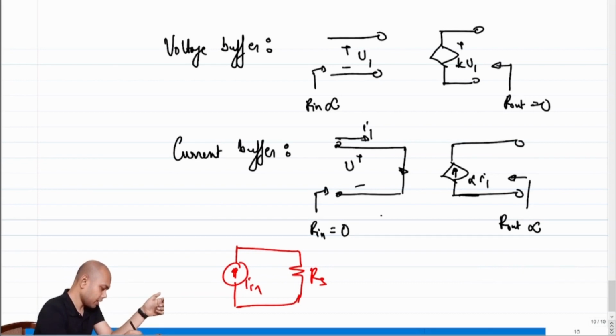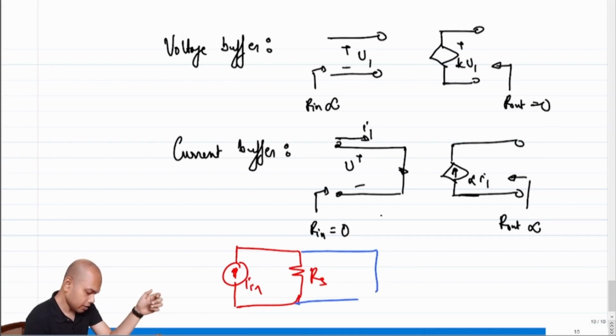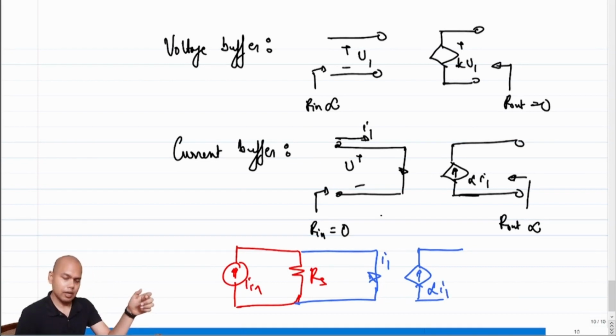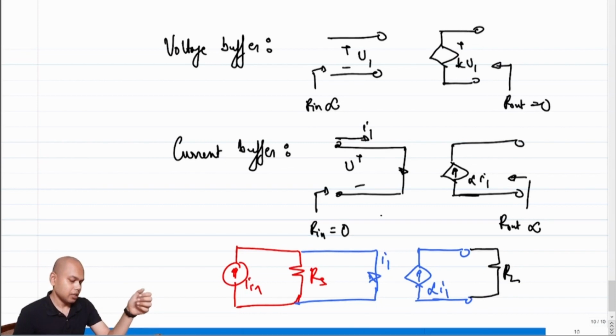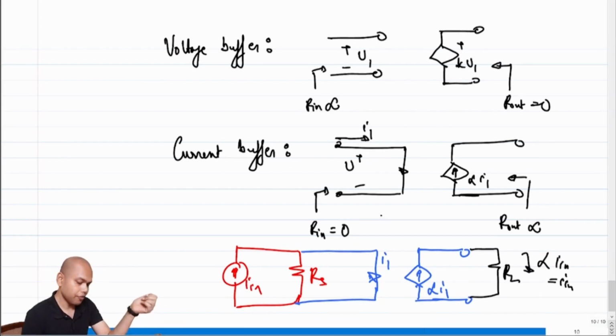A current buffer is a contraption that is a short circuit at the input port and creates a current, which is some alpha times I1 at the output port, and if the RL is connected here, if alpha is equal to 1, for example, clearly the amount of current that will flow here is alpha times I in, which is equal to I in if alpha equals 1.